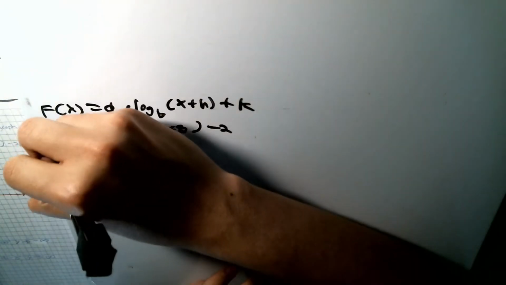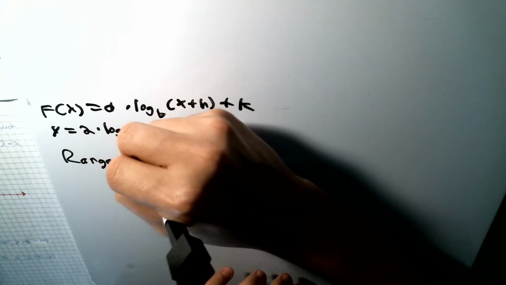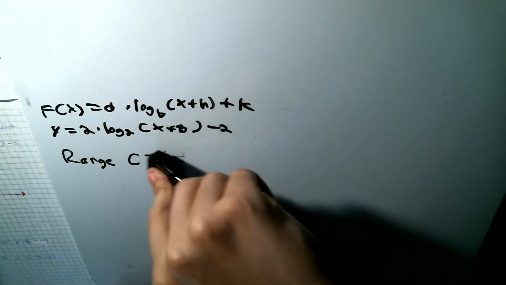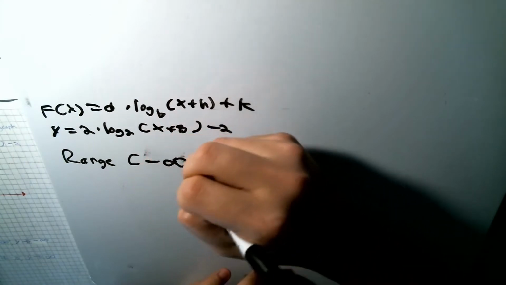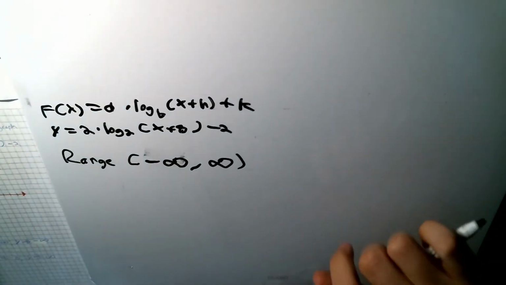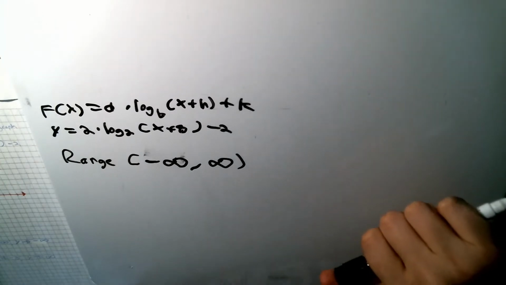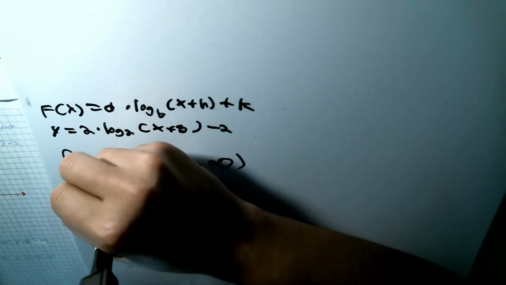Logarithmic equations have a range of minus infinity comma infinity. That's the range of a logarithmic equation, and we also know that it has a vertical asymptote.